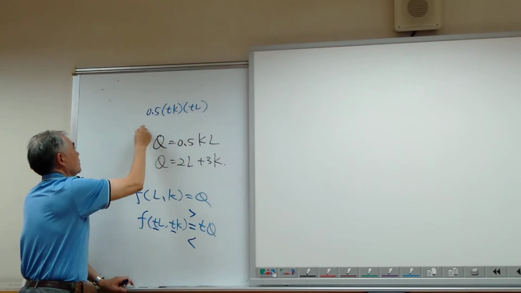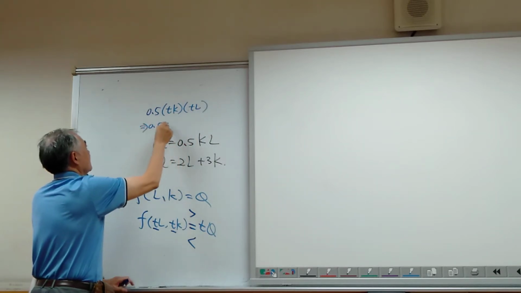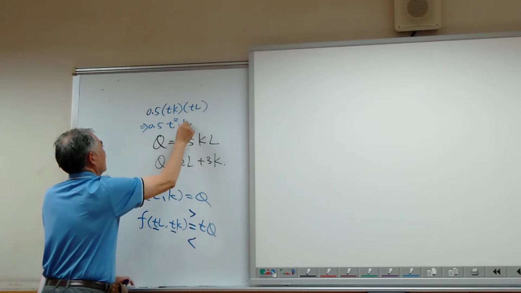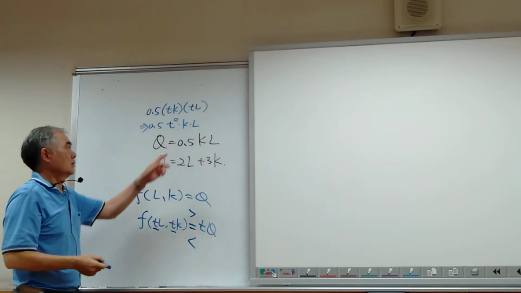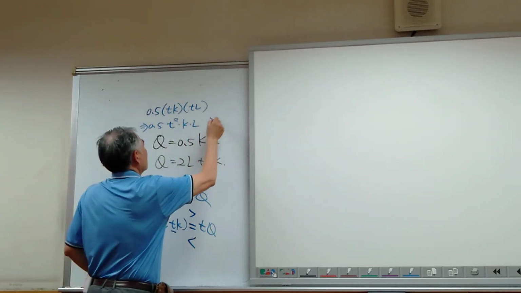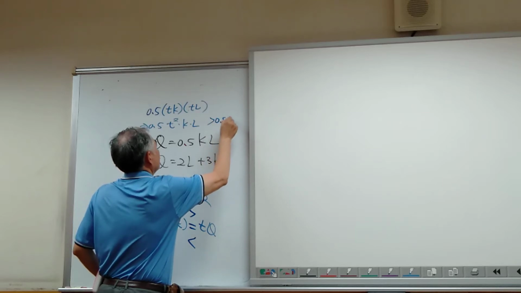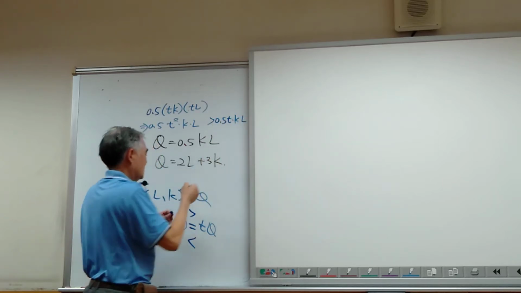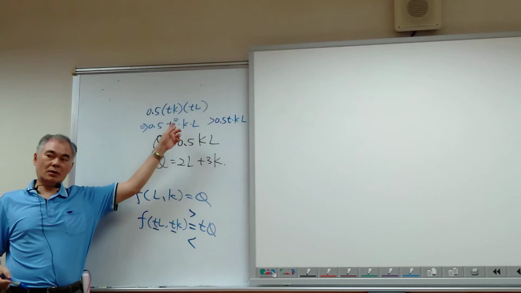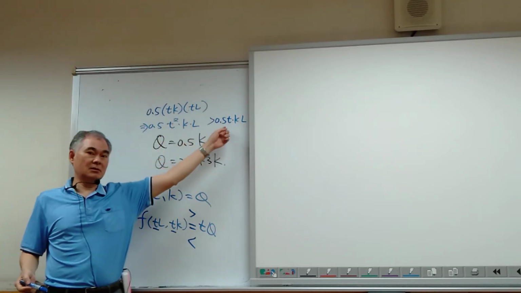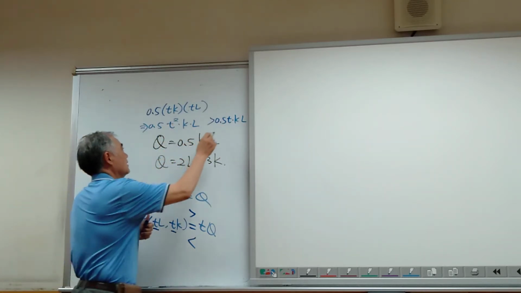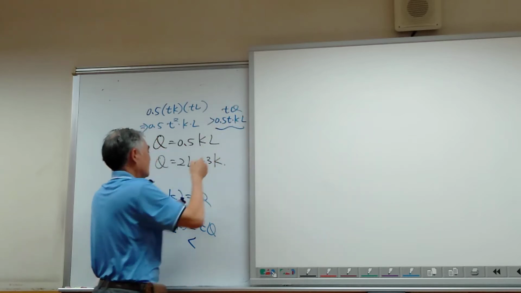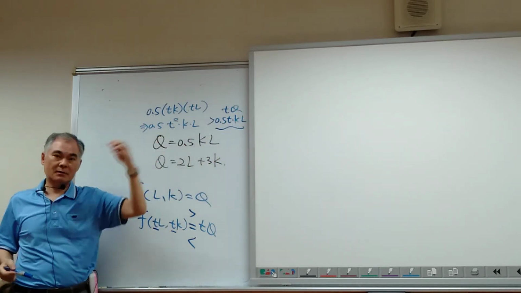So you get 0.5 T squared KL, right? So this definitely is going to be greater than 0.5 T times K times L, right? Here you have T squared, here you only have T. I mean here it is TQ. So it is greater than.